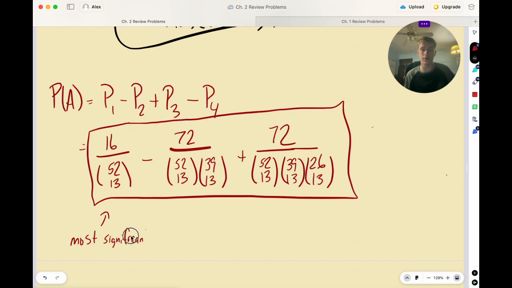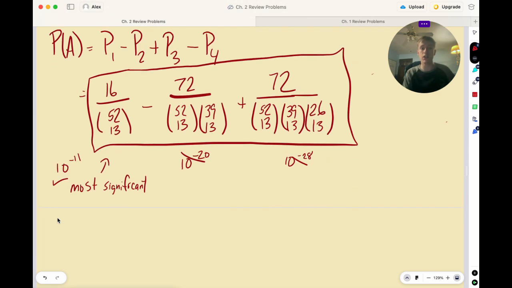So I'll leave it up to you to finish that out and use Stirling's formula to approximate the orders of magnitude of all of these terms. When I did it, I believe I got on the order of 10 to the minus 11 for this term, on the order of 10 to the minus 20 for this term, and on the order of 10 to the minus 28 for this term. So clearly these don't matter, and this is the only term that really matters.